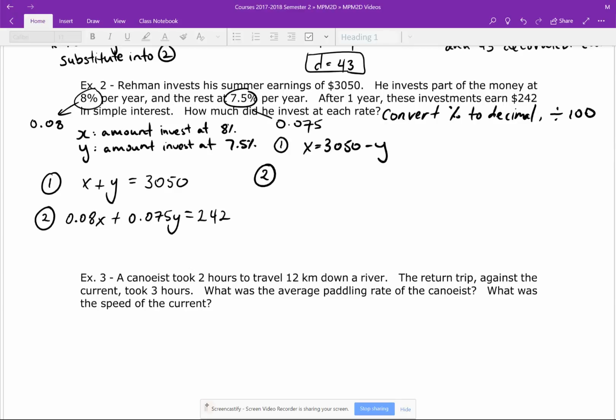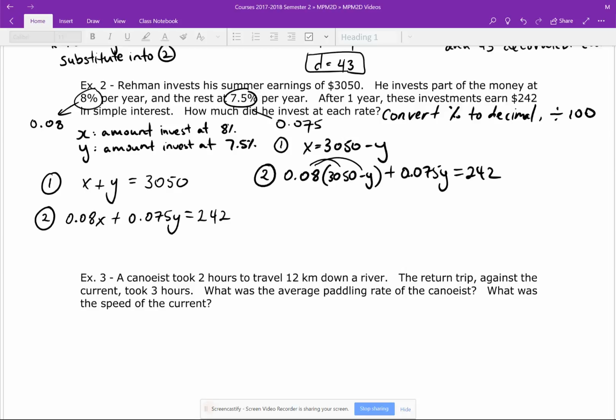So equation number two, I'm going to have 0.08x, and x is going to be replaced with 3050 minus y, plus 0.075y equals 242. It's always a good idea to put your substituted variables in brackets, of course, because there are two terms here. You're going to be expanding, so you have to be multiplying those two.